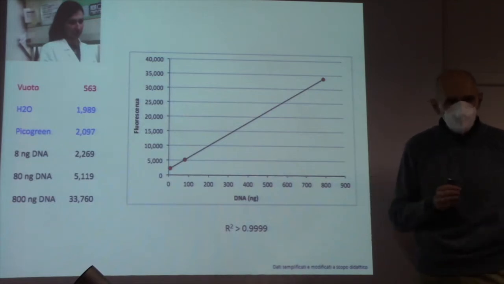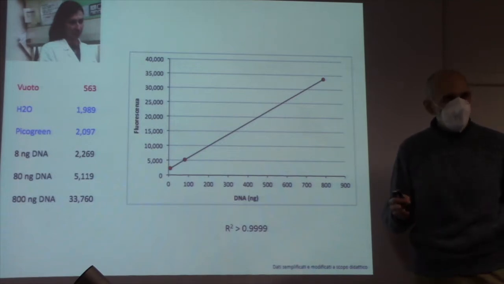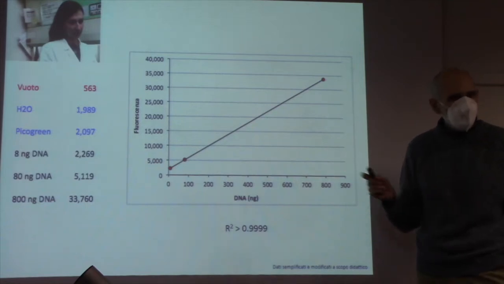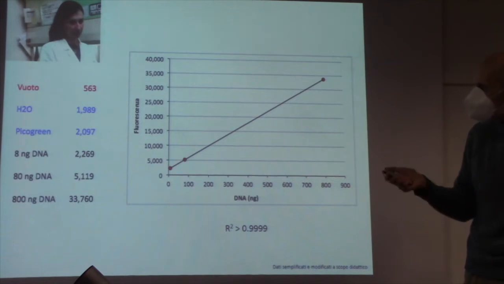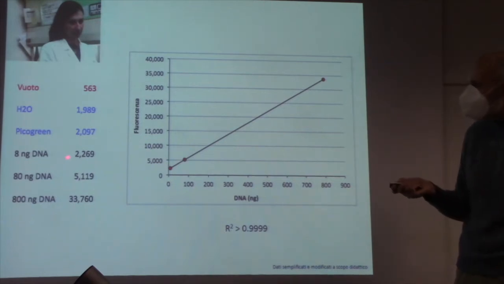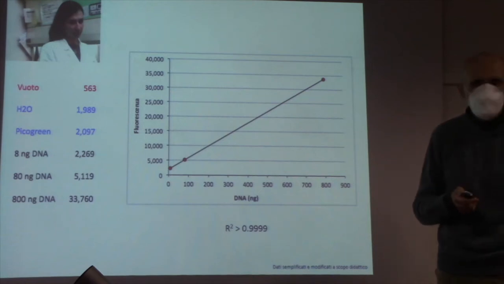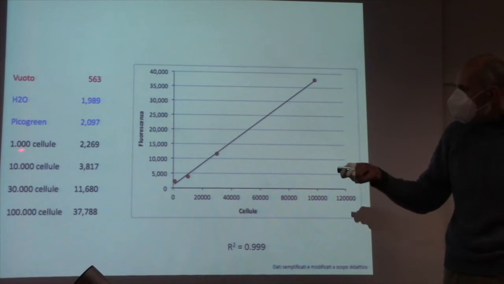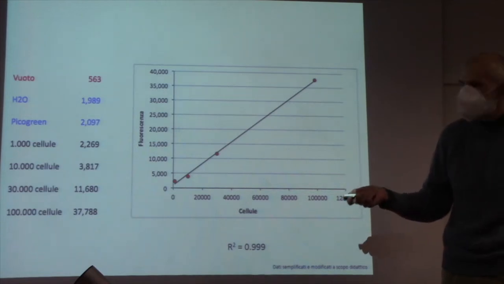How do we know that there is not a matrix effect, that other substances present in the lysate affect the readout? So she did a second experiment. Very similar to this, except in this case, she didn't put purified DNA in the wells. She added lysates from increasing number of cells.